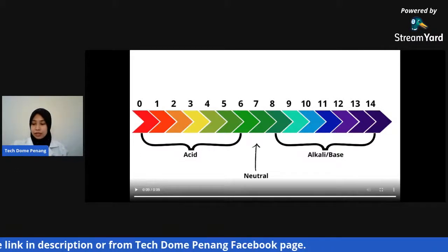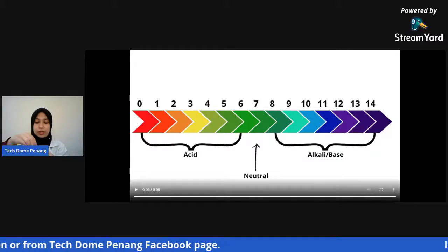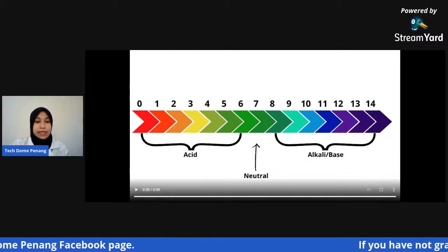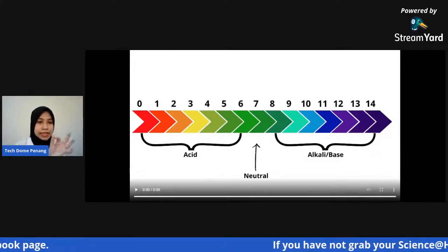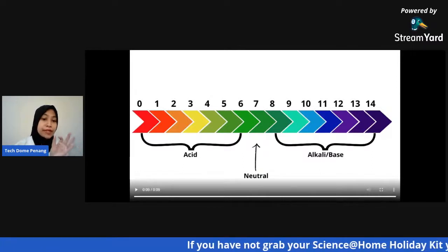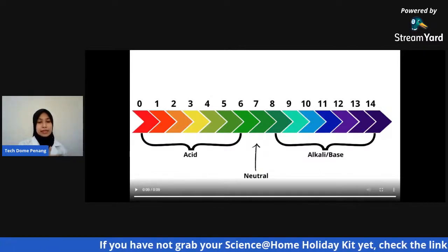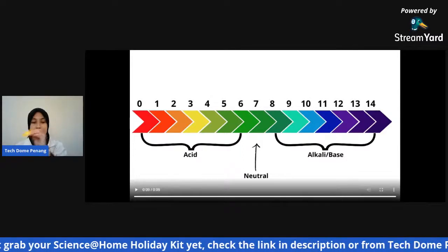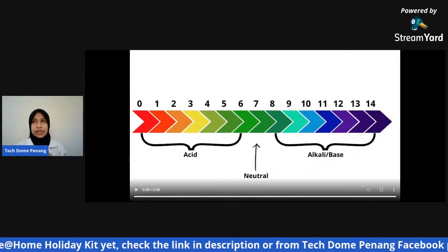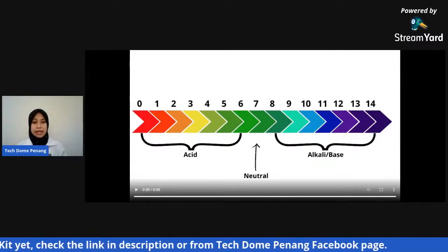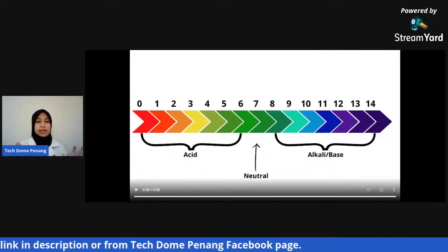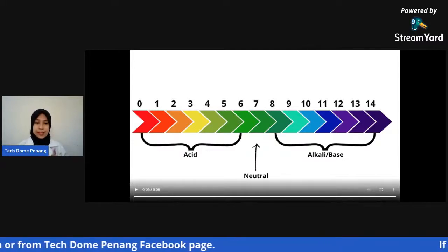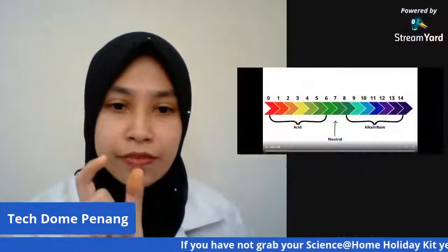Universal indicator is used to determine the pH value, not only whether it is acidic or basic. Litmus paper or turmeric paper can only determine whether it is a base or an acid. But universal indicator can determine the pH value.